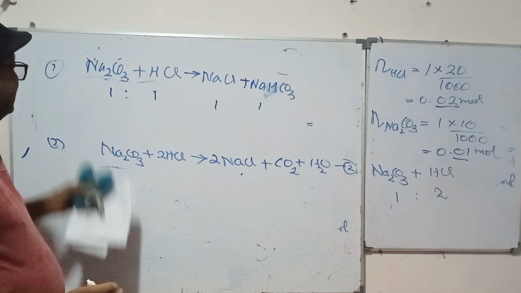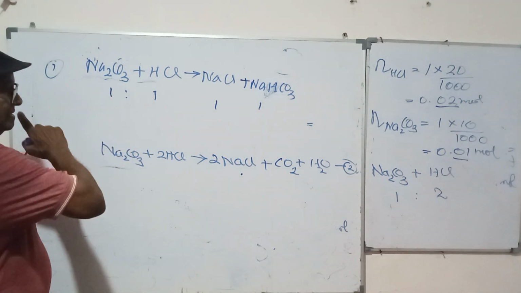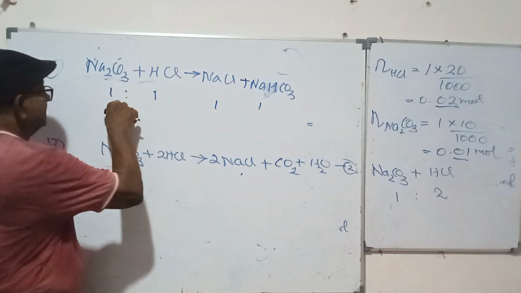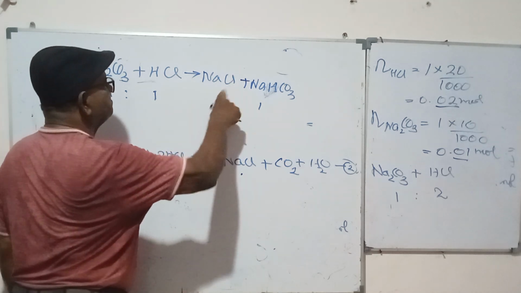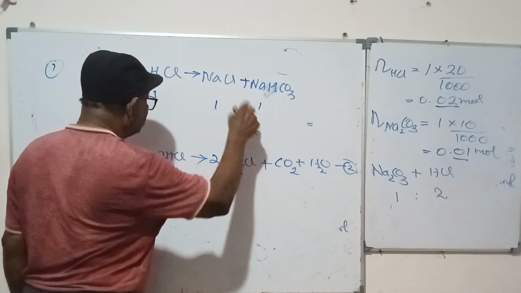Then, what is the meaning of the first reaction? It needs 1:1. If 1 mole is added, sodium chloride plus NaHCO3, sodium bicarbonate, is formed.